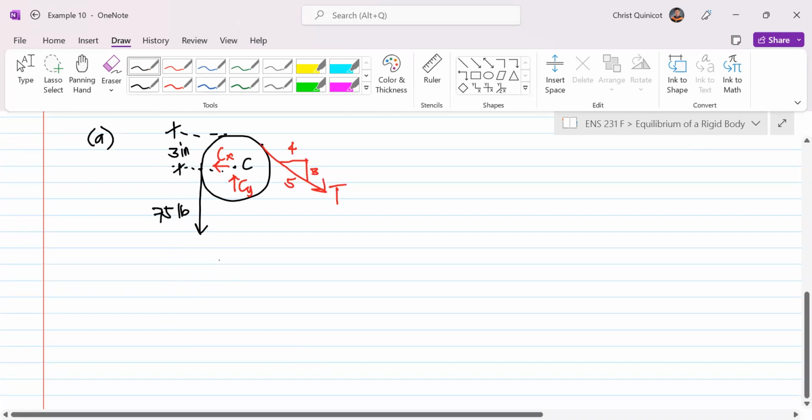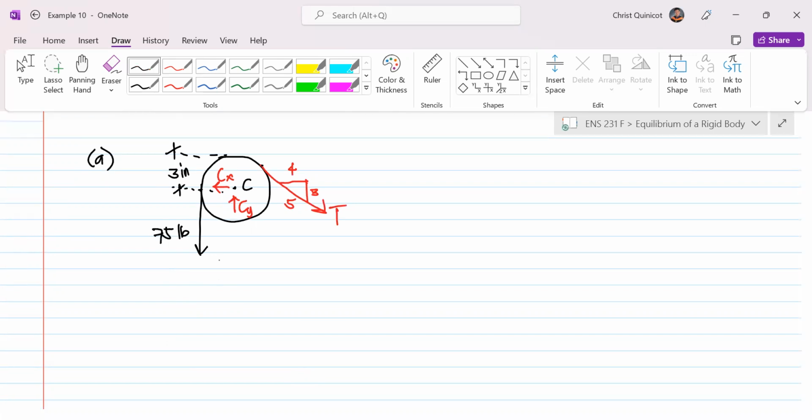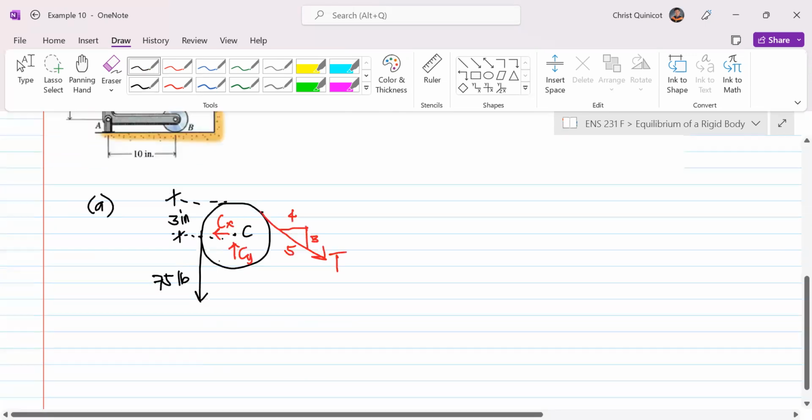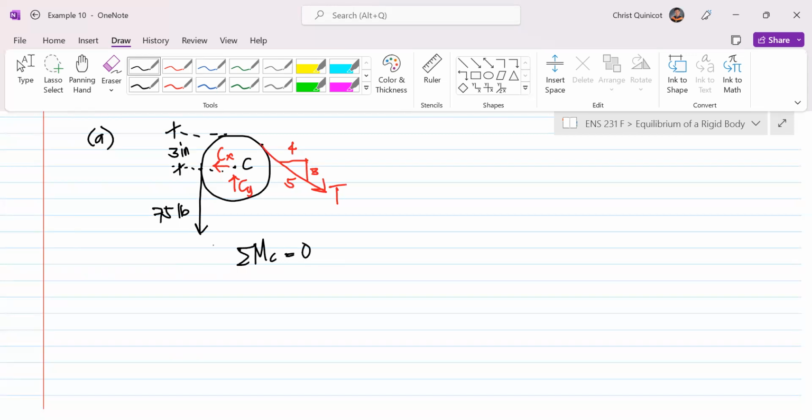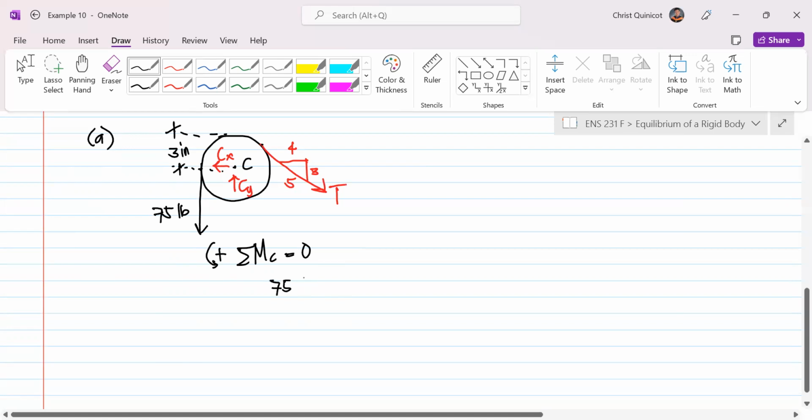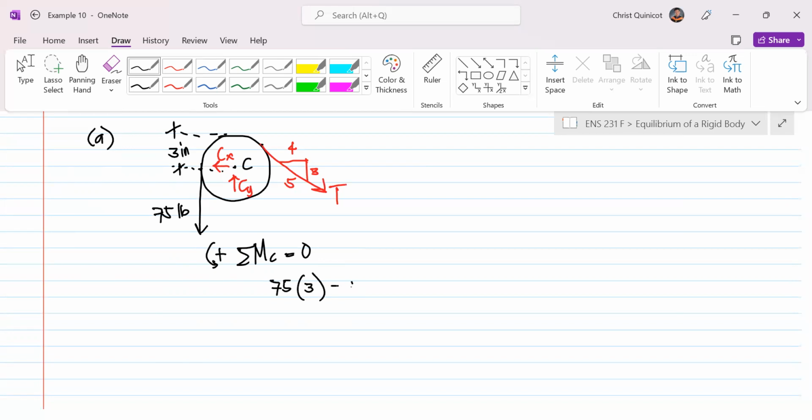First, we must quantify the value of our T. Now, we already did this in our previous example. So summation of moment at C is equal to 0, assuming counterclockwise positive. Now, our 75-pound load creates a counterclockwise moment, right? So that is positive 75 times 3 minus our tension in the cable, T times 3.